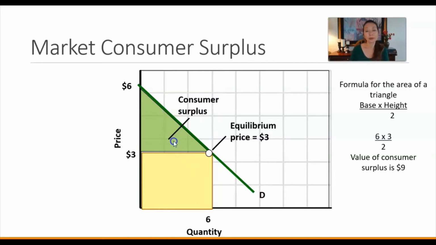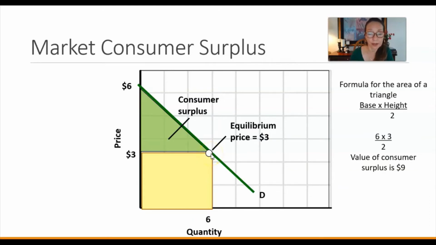So how do we find consumer surplus when we're talking about a market? This is the shape of a triangle, so now we have to go back to our math. What is the formula for the area of a triangle? The formula for the area of a triangle is base times height divided by 2. The origin to 6, except that it's going to be up here on the triangle.